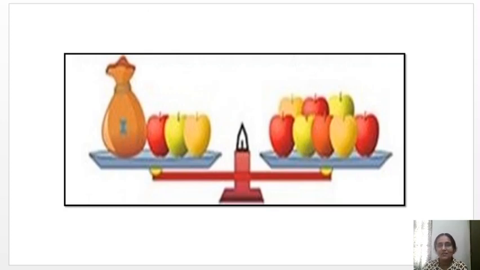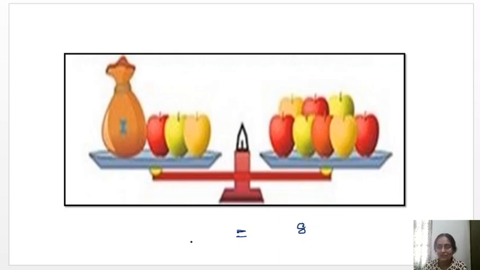So you have written the equation for this figure. There are 8 apples, let us represent 8 apples with the number 8, and the needle is at the center. That means it is equal: left pan is equal to right pan.